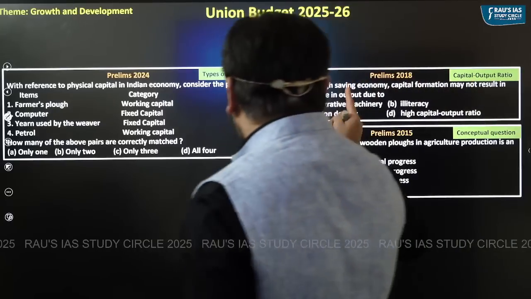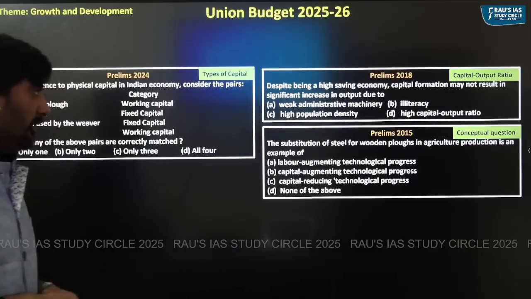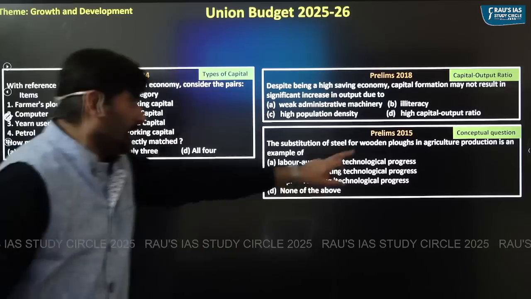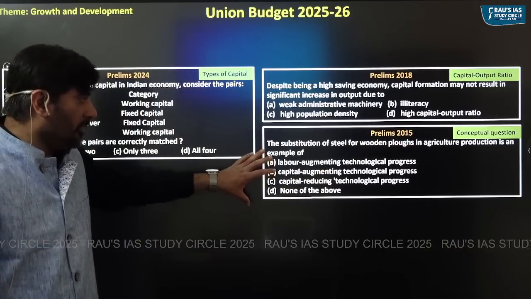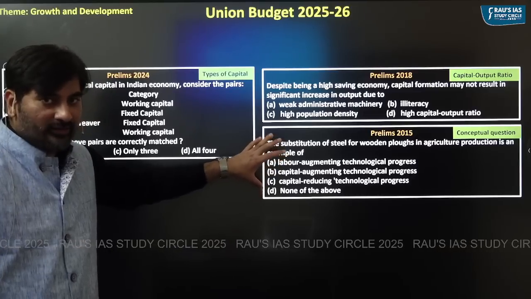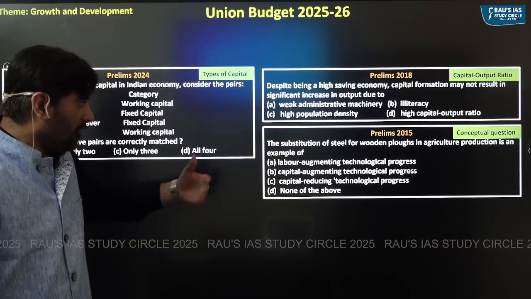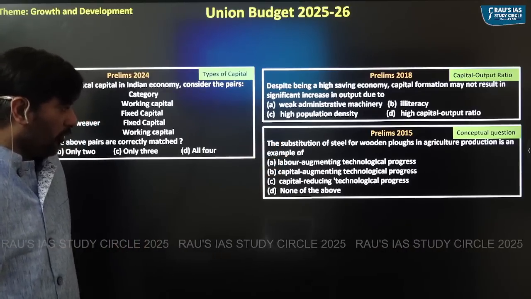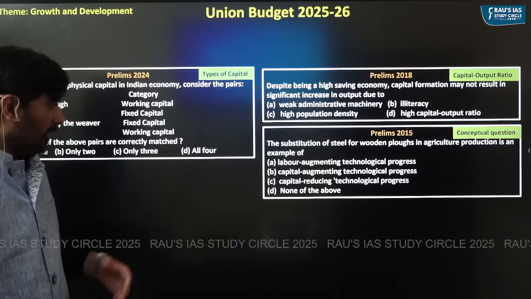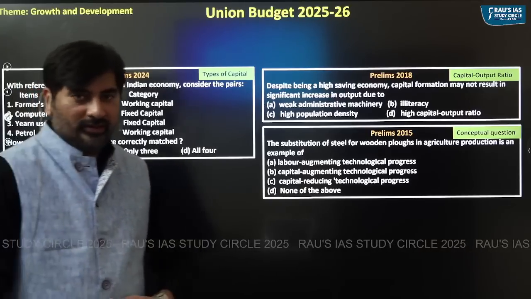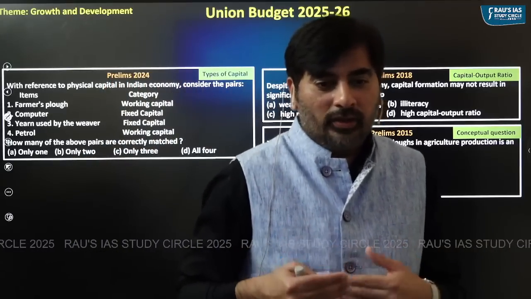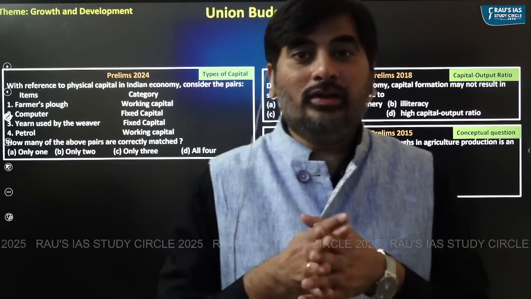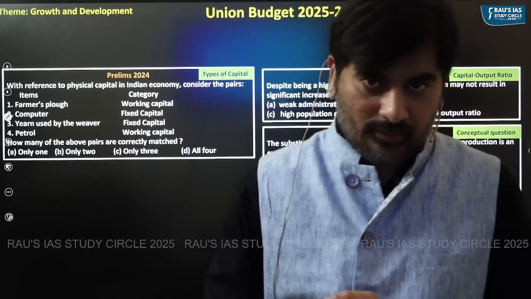Similarly, here there was a question related to what is capital output ratio and the kind of progress it is. Like if you substitute steel for wooden plow, whether it is capital augmenting, labor augmenting, and those things. So questions might be asked with respect to important aspects related to capital formation, right?